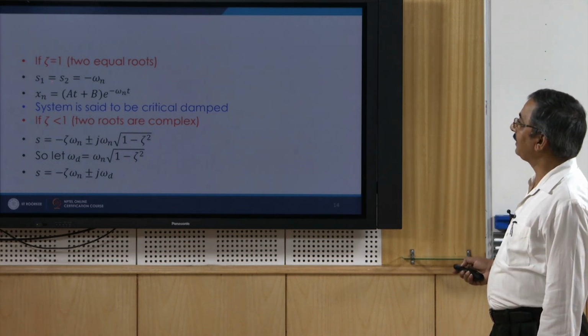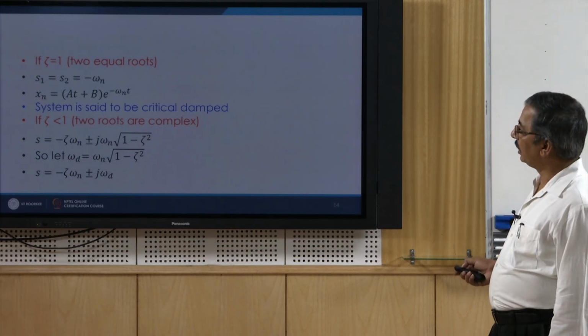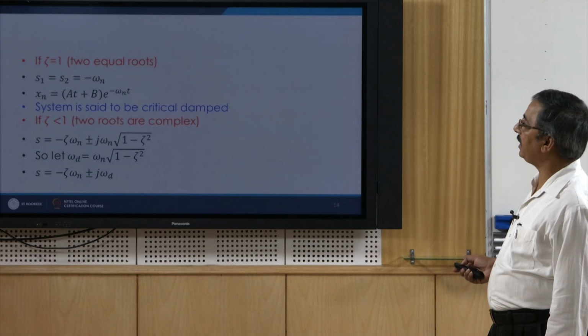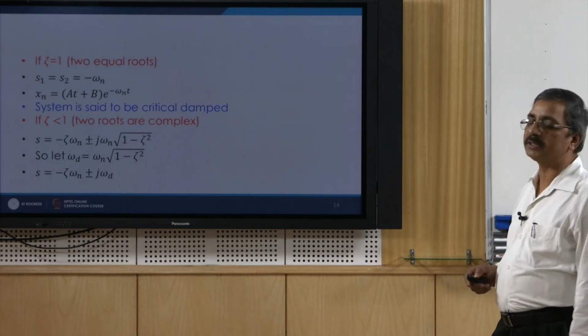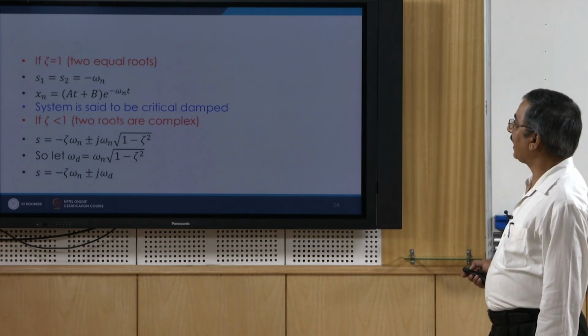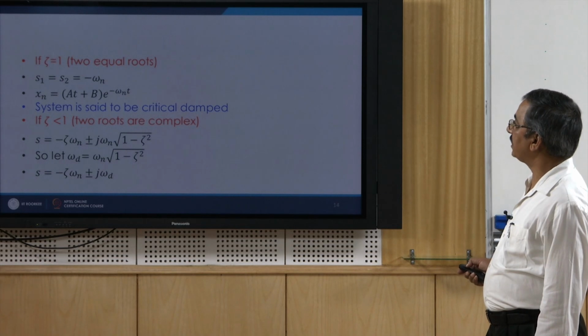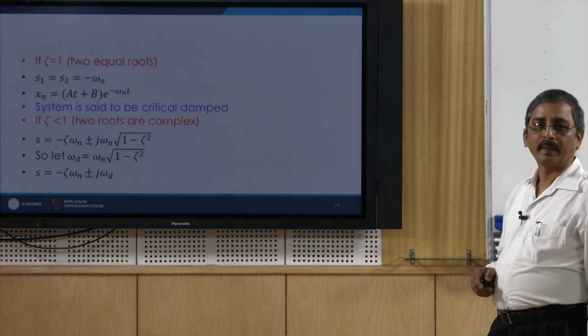In case of two equal roots, I can write the solution xn as (at + b) times exponential e to the power minus omega n t. This case, that is zeta equal to 1, is said to be critically damped.